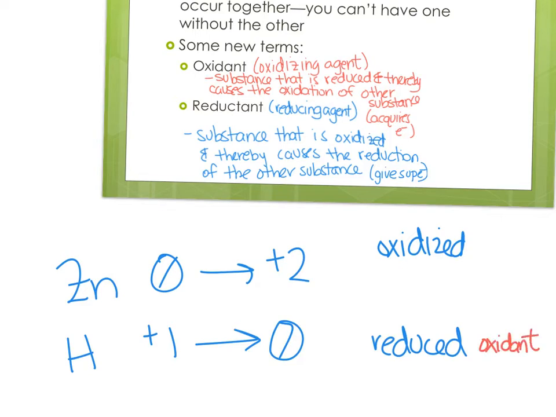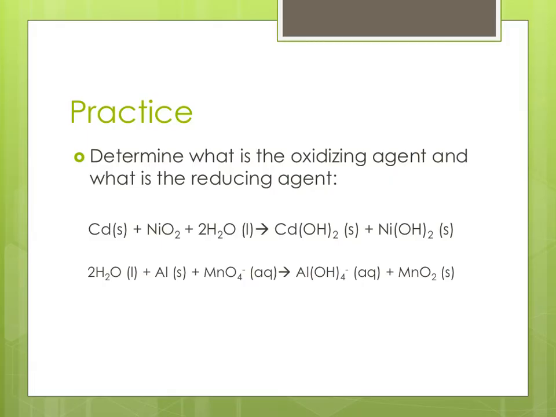And which one is my reductant? Obviously, it's got to be zinc. This is one of those things that gives people a hard time because it's counterintuitive. You know that hydrogen is being reduced, but it's also the oxidizing agent. It's what's allowing the other thing to be oxidized by picking up those electrons.